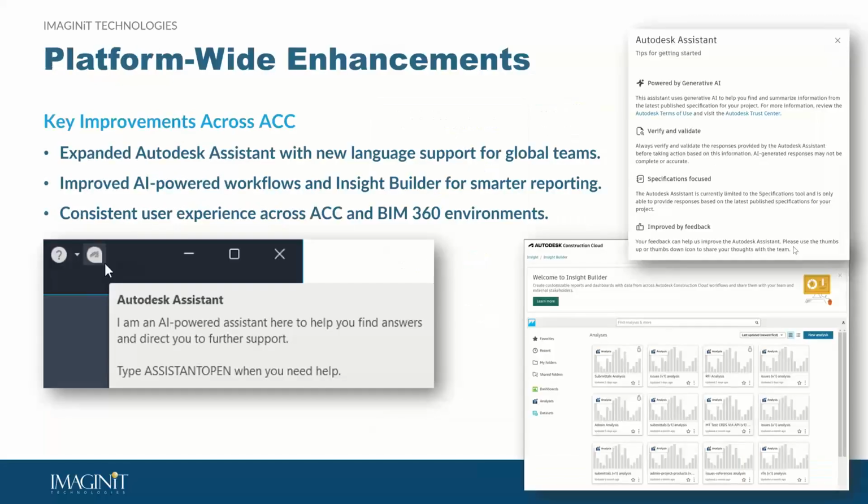So for the platform-wide enhancements, we've had a number of updates, and if everyone has seen these before or is familiar, these are bi-monthly, and as I said, we do have a new one coming up here for the July updates that we'll drop a review of in upcoming weeks. So ultimately, Autodesk a couple releases ago dropped the AI assistant, and what's great for this release is that there's now language support.